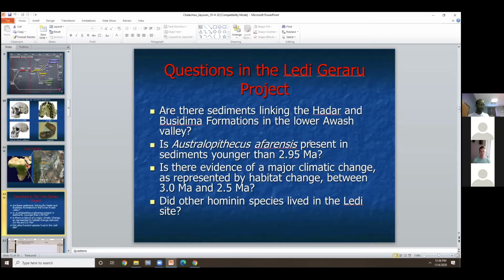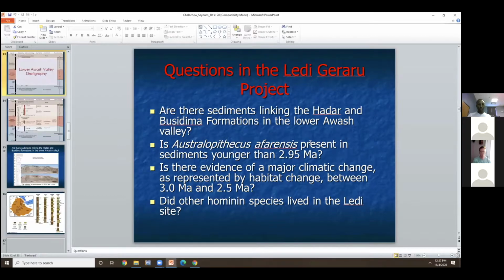Is there significant climatic change which drove them to change into something? That's the other question which was considered. And also we were wondering if there is another kind of hominin in that particular area.